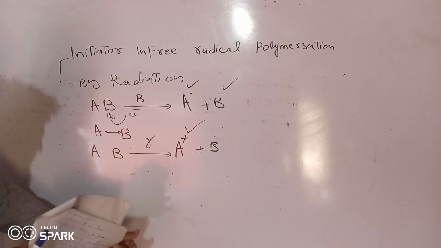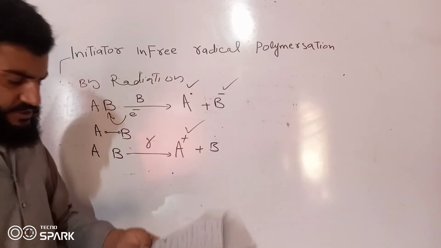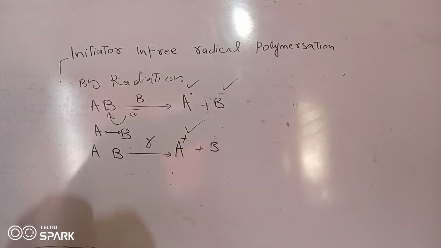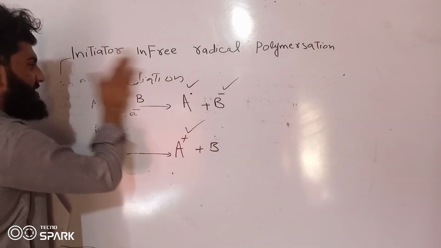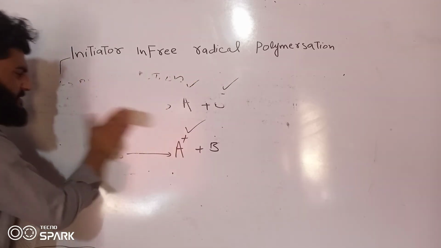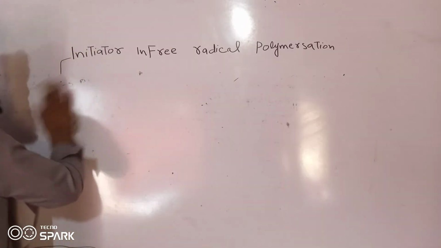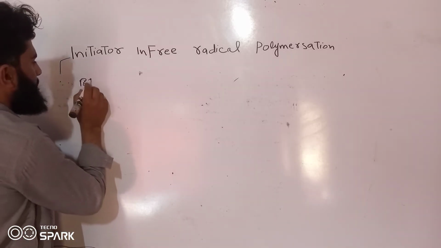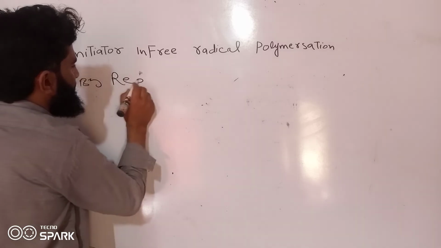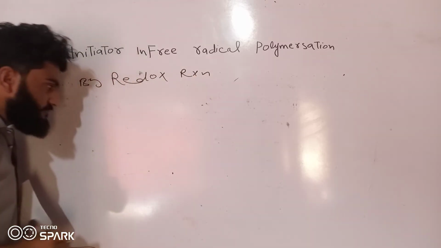Okay, so the fifth case on the basis of which we can produce radicals is redox reaction. By using redox reaction we can also produce free radicals.